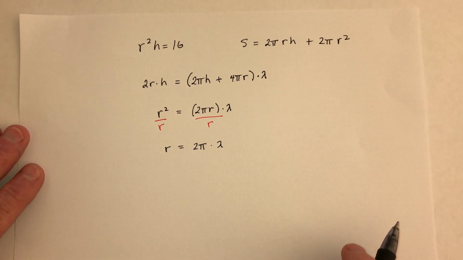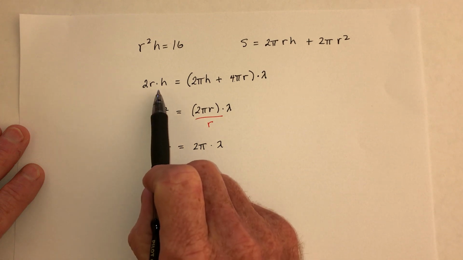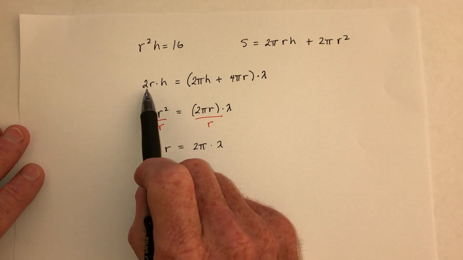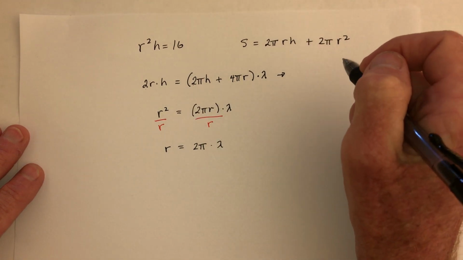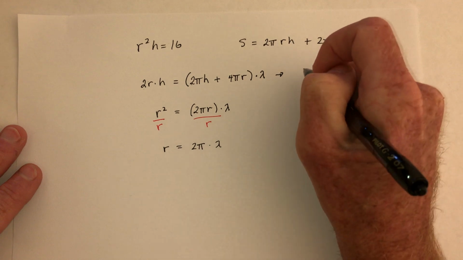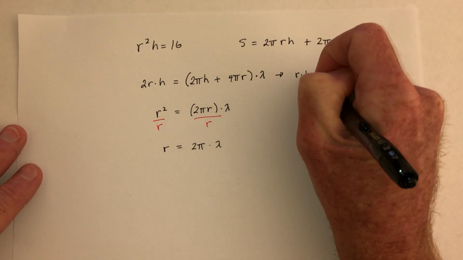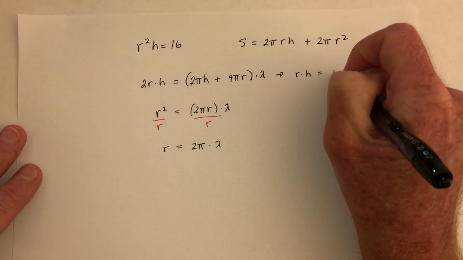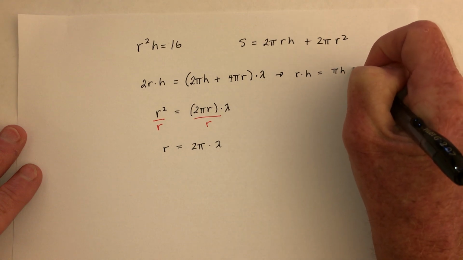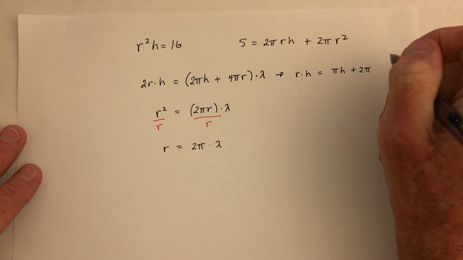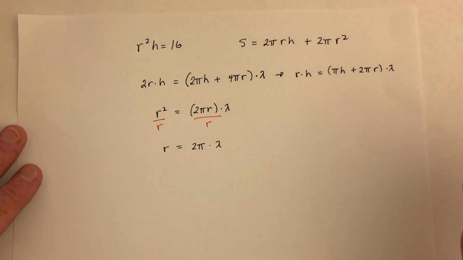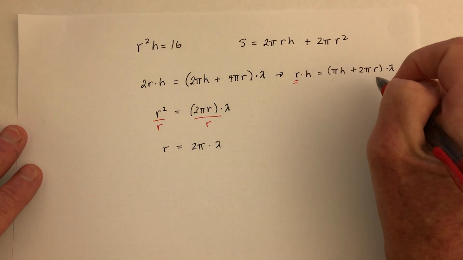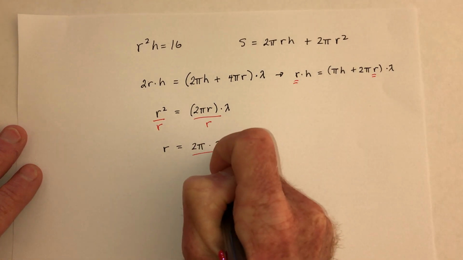Okay, what about this equation? Well, it's got a 2, a 2, and a 4, so I guess I could simplify it a little bit. I could divide by 2. So it's going to say r times h equals pi times h plus 2 pi times r, and then that's times lambda. And then for this r and this r, I could replace it with this.